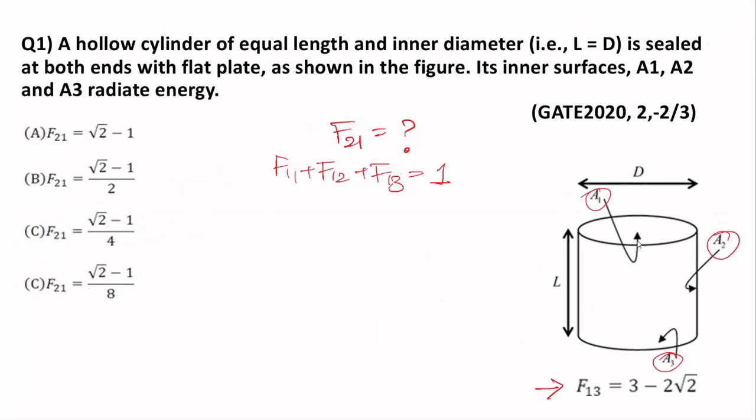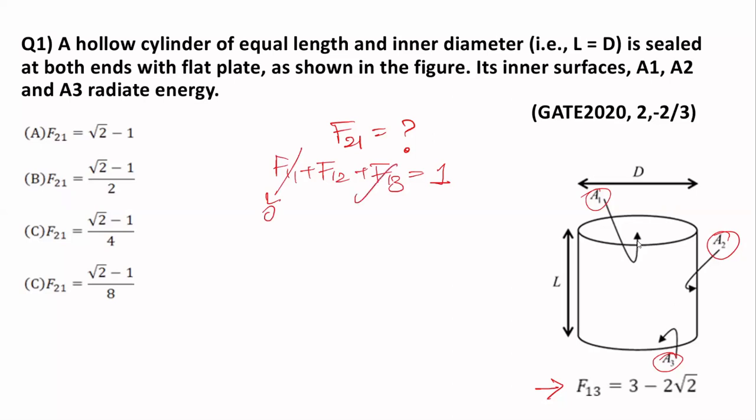Why it is 0, you can refer to my previous video, and answering it in short, a flat plate can never view itself. If radiation goes out from the flat plate, it can never reach the flat plate back because of the geometry. So this term has to be 0.